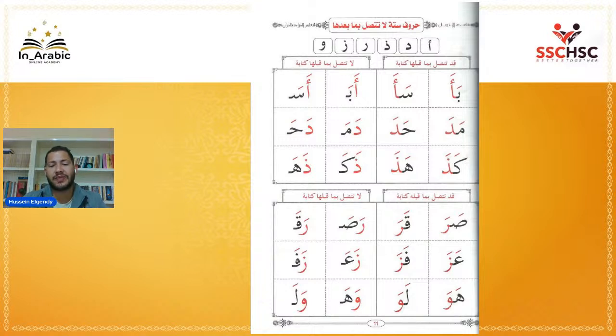But in the same letters, when it changes to have the dal before, it is not connected. And in the same line, the third line, the last word has the ha when dal was the first letter in this word and ha is coming after, it's not connected.